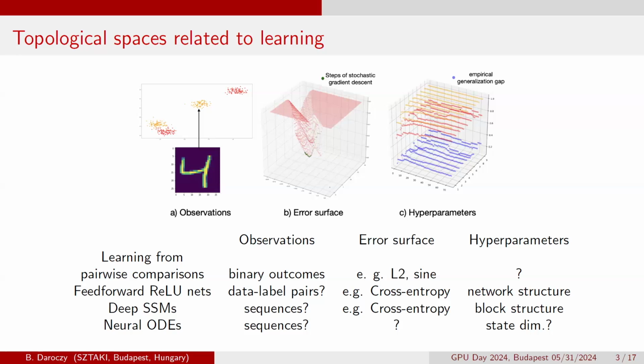Feed-forward networks have data-label pairs, and deep structured state-space models or neural ordinary differential equations usually use sequences. So what to do with them? And of course, to understand where we are and how we can trust the solution, we have to somehow identify the geometry of these topological spaces.